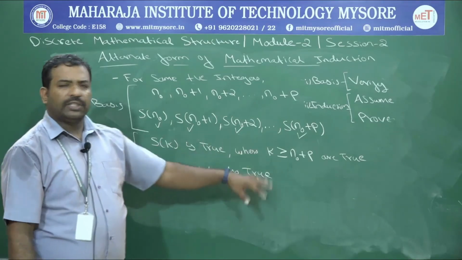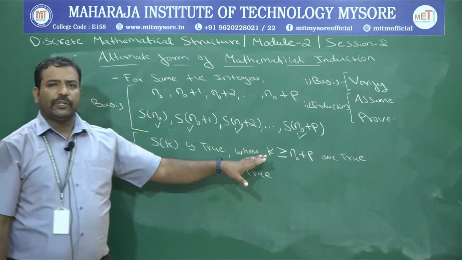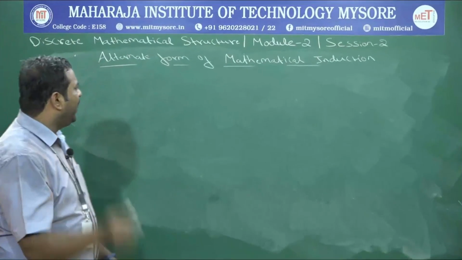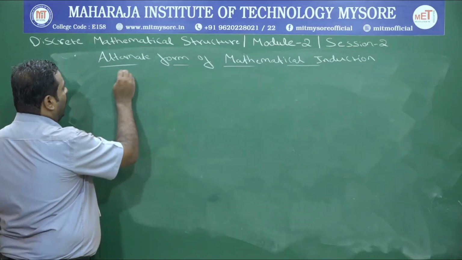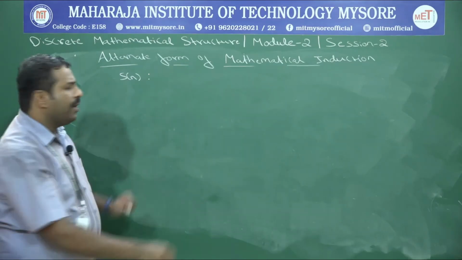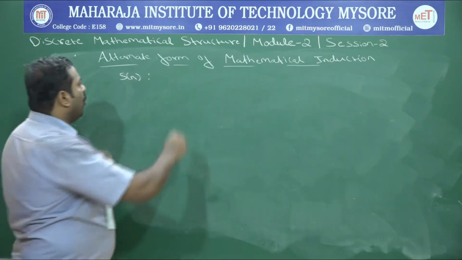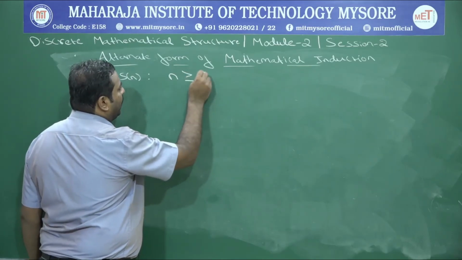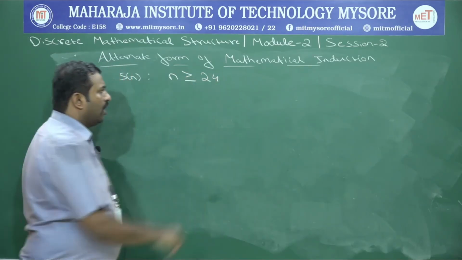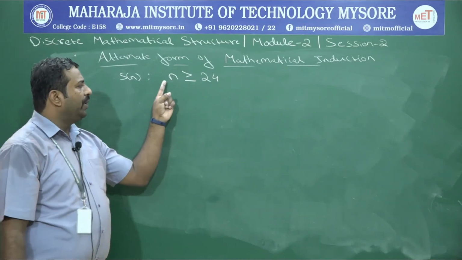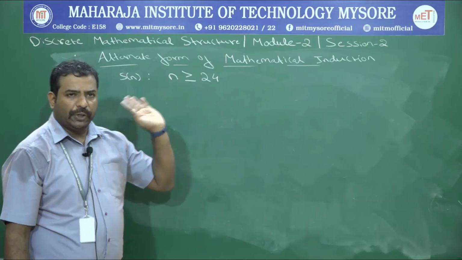Fine. Now this is an alternate form. So we'll try to solve one problem with respect to this alternate form. Just take this particular statement, S of n, where the number is going to be greater than or equal to 24. Whatever number you take, you need to make sure that it's greater than or equal to 24.